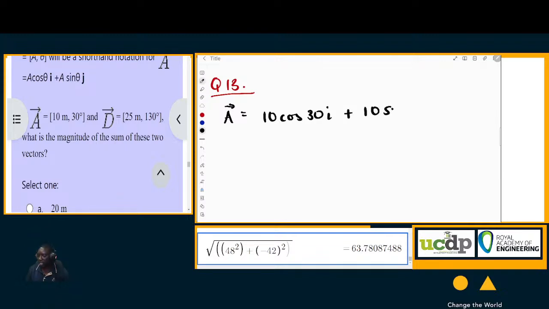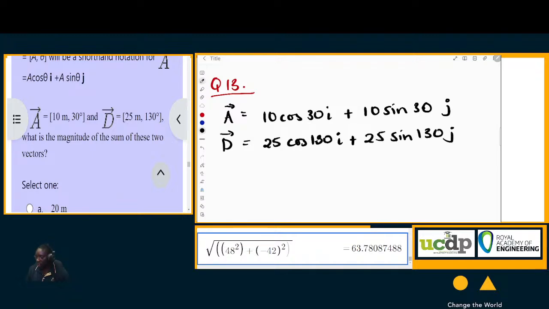And vector D, it's not B, but D, is 25 cos 130 in the i, plus 25 sine 130 in the j. Remember, this angle also means something: it's already in the second quadrant.